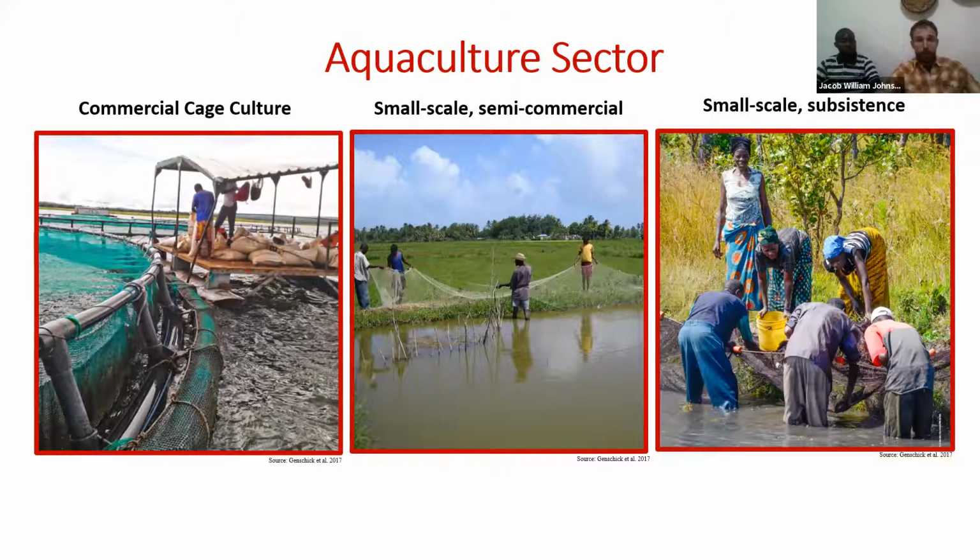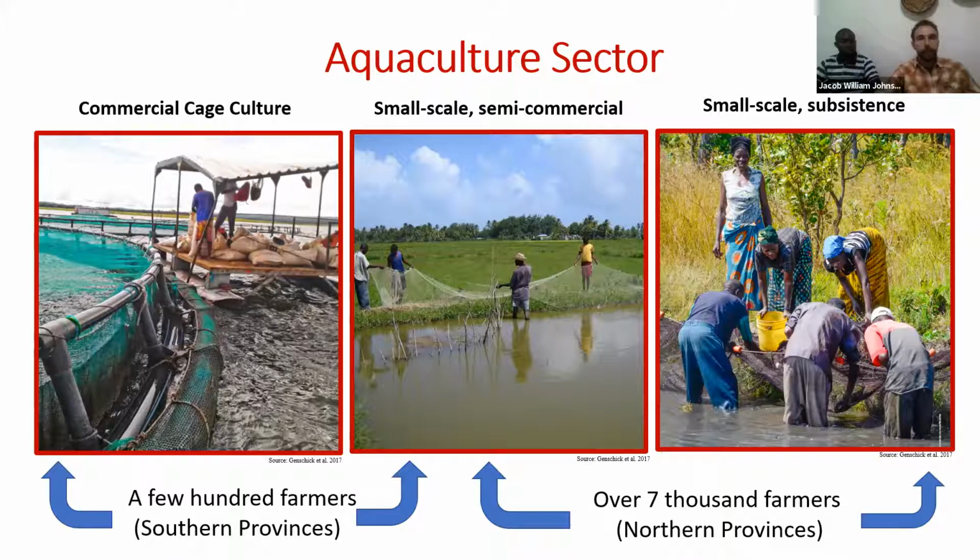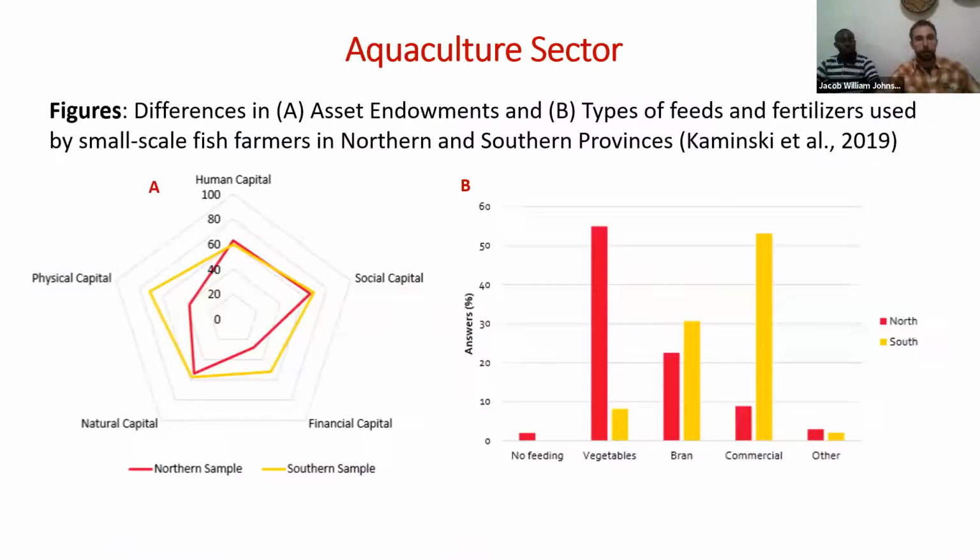However, small scale, semi-commercial and subsistence farmers, here on this end of the spectrum, manage for both home consumption and direct sales to their neighbors or local markets. And just to give you an idea of the proportions of fish farmers, ones doing more intensive culture are only about a few hundred farmers in the southern province, whereas over 7,000 farmers are participating in small-scale, semi-commercial and subsistence farming in northern provinces. So the majority are in the north.